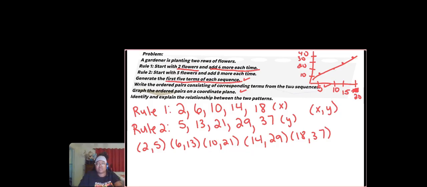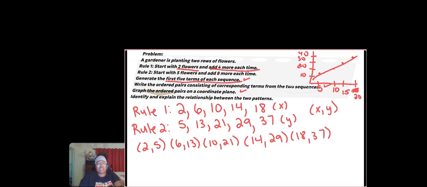So that will give us our explanation of the relationship between the two patterns, that as we're planting rows of flowers for rule 2 and 1, they are both going up. So as they continue to plant, they're continuing to have more and more flowers.